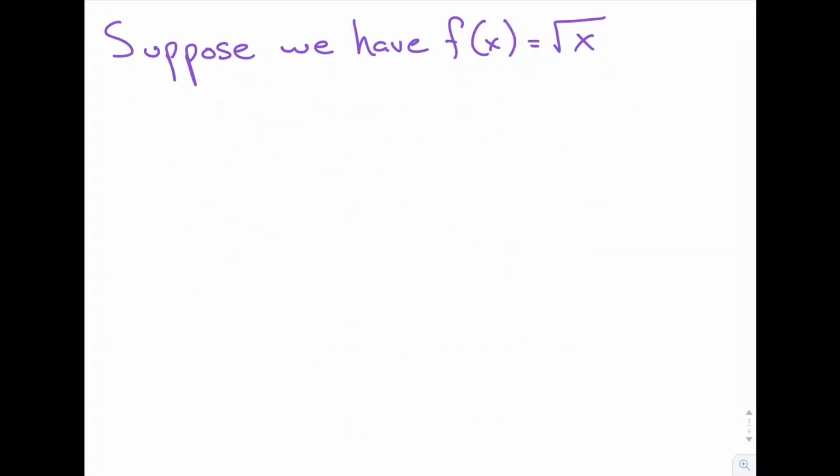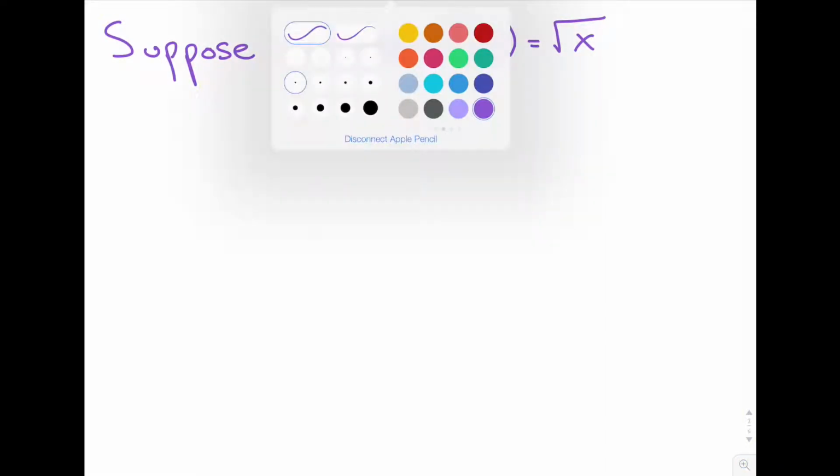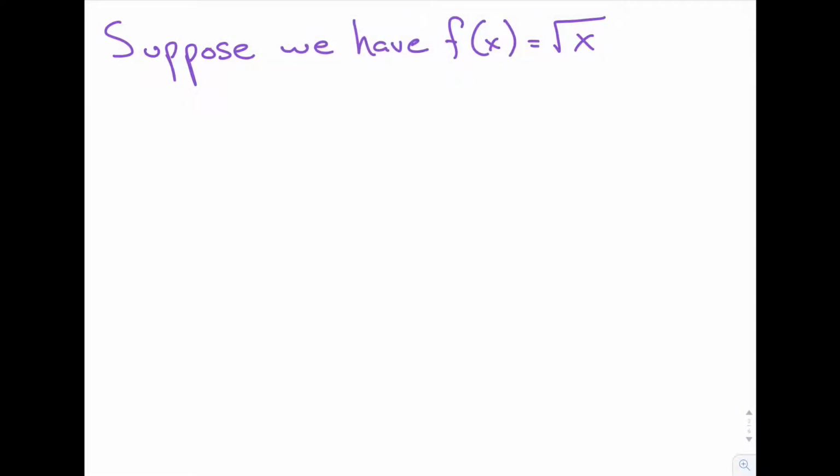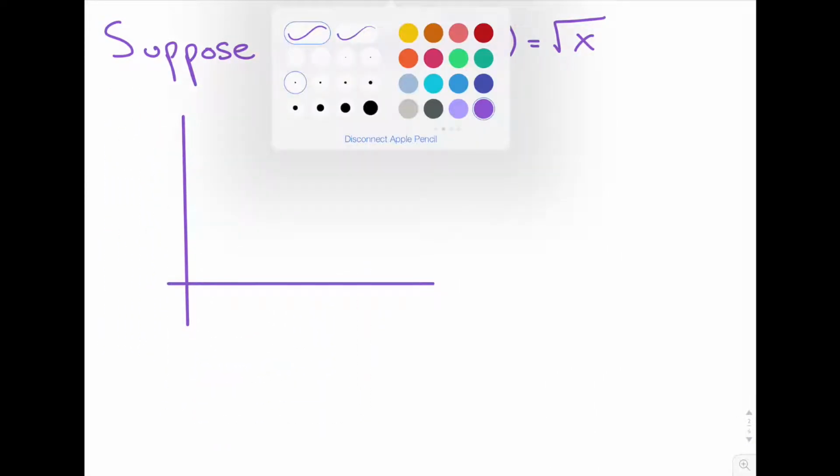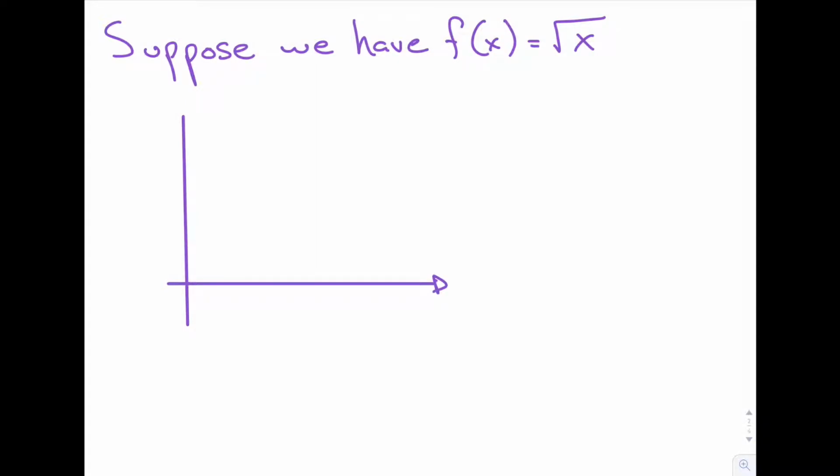So to begin, suppose that we have a function f of x equals the square root of x. First, let's graph this. We've got the square root, which we know should start at 0, right?